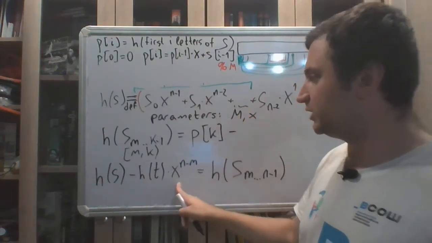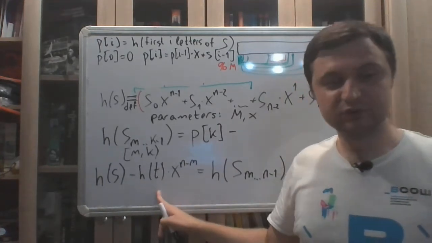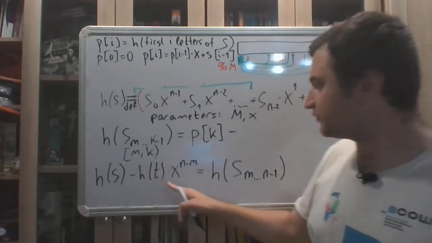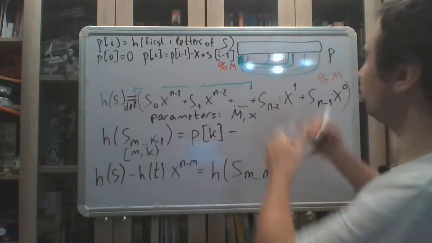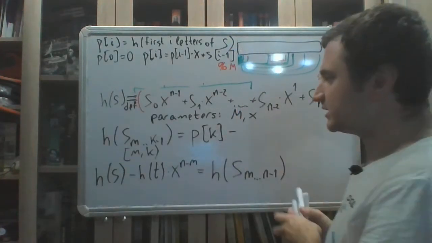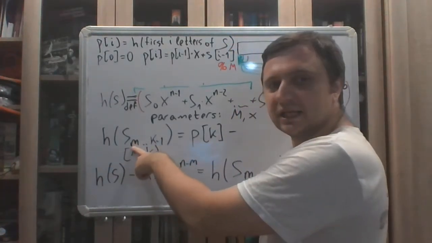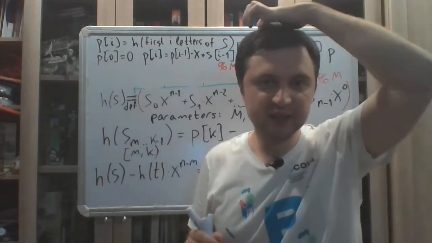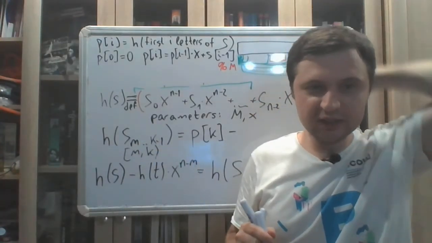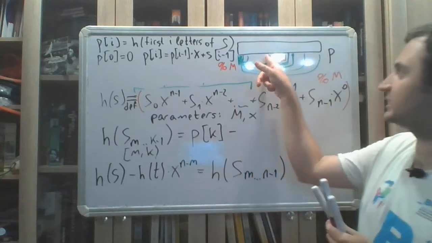And you need to subtract the hash function of the prefix of this size. So this is the prefix that doesn't contain the mth letter.